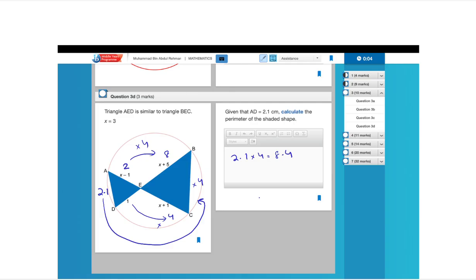And if we were to individually solve those values, we get 8.4 plus 2.1 plus 8 plus 4 plus 2 plus 1. So please solve it and tell me what answer we get.